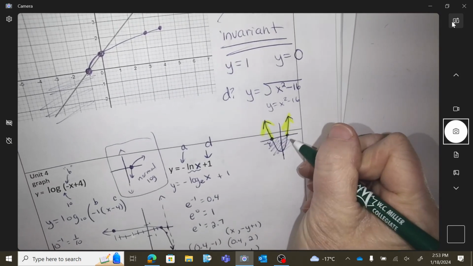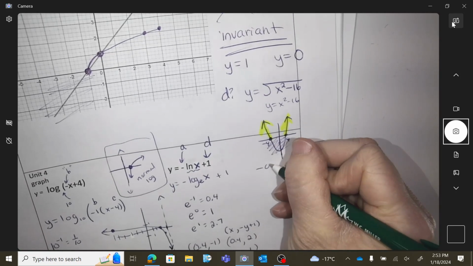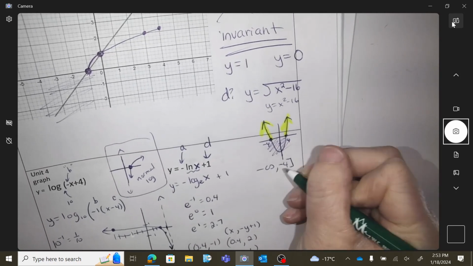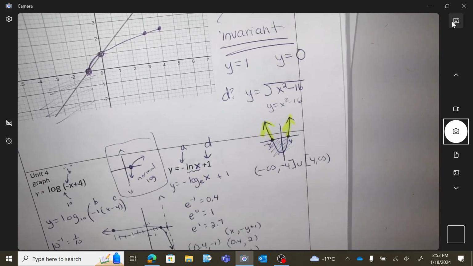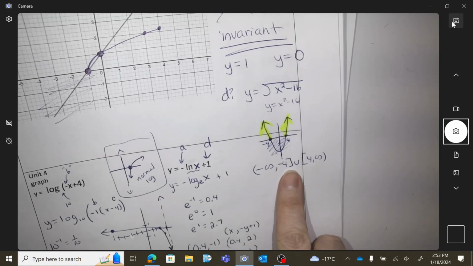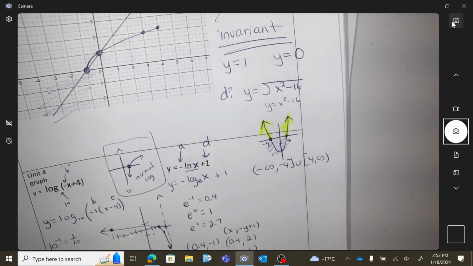This would be at -4 and this would be at 4. So negative infinity to -4, or you could do the other side. And you can use a square bracket, right? Because you can square root a 0. Do you remember that question on the test? Because a lot of you did not get it.